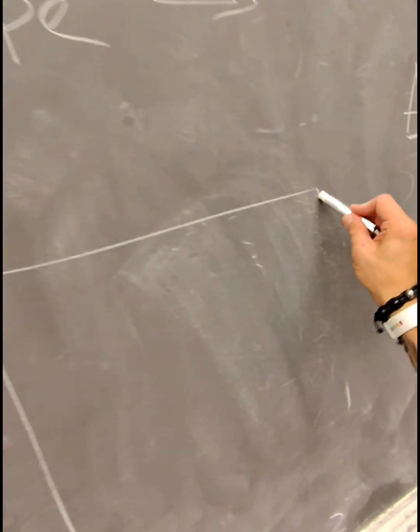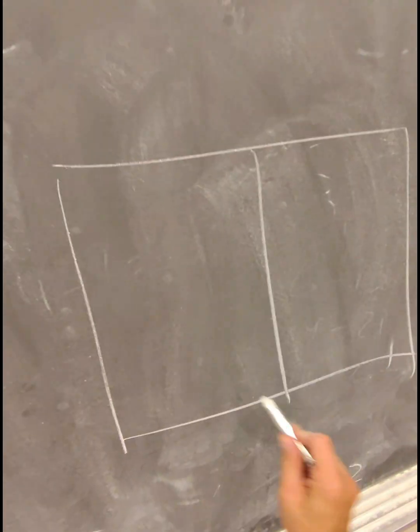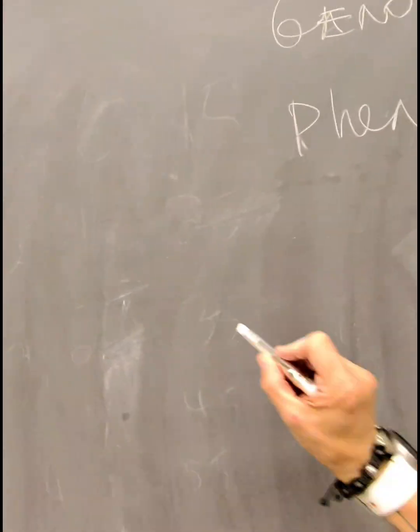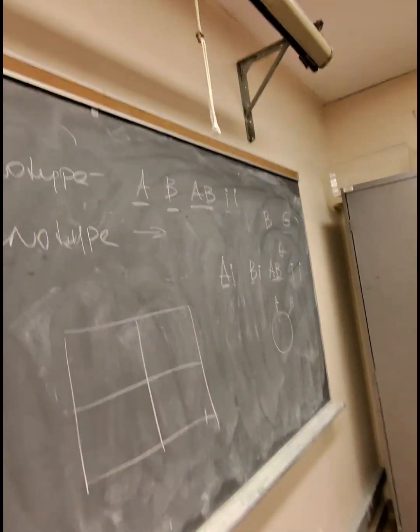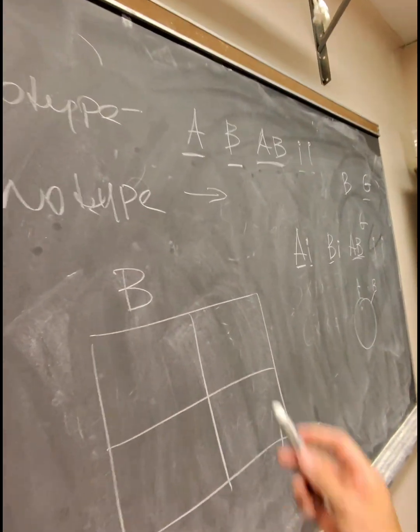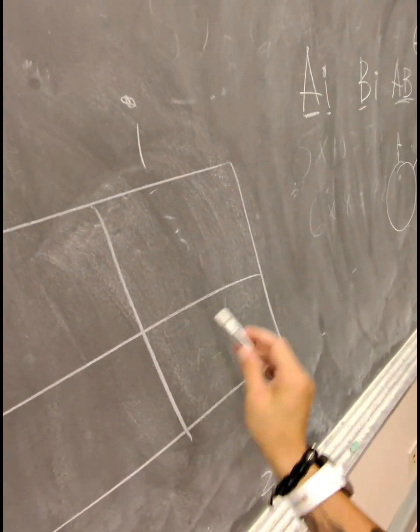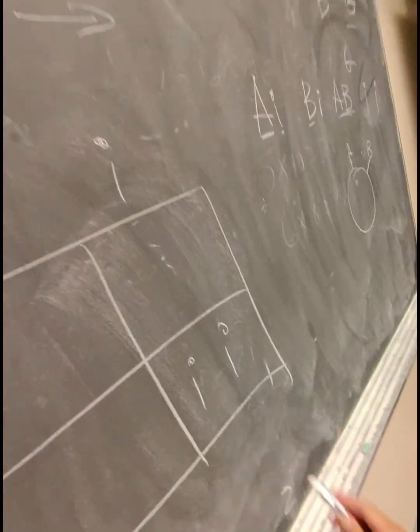So the personal example: I know that two of my children are blood type O, right? Then I know my blood type is B, so I must be a carrier. Otherwise, it would not be expressed here.